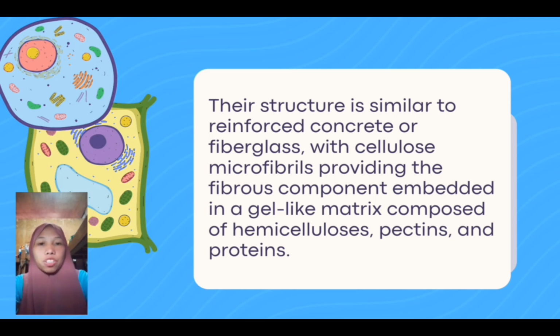So, ang combination ng hemicelluloses, pectins, and proteins is dahilan kung bakit ang cell wall ay matibay pero flexible pa rin. So, ang plant cell wall ang dahilan kung bakit ang mga plant ay matatag at kayang mag-adapt ng challenging environments.